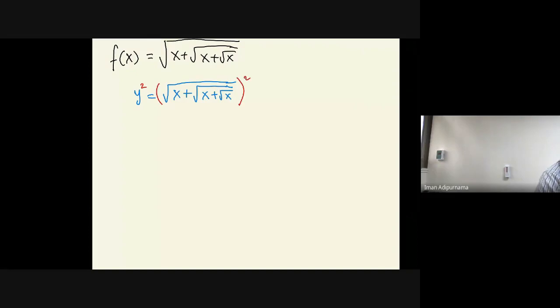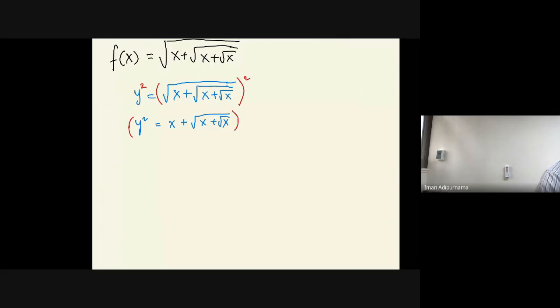So it will be y squared equals x plus the square root of x. Hopefully it will be easier for the differentiation. So let's implicitly differentiate.